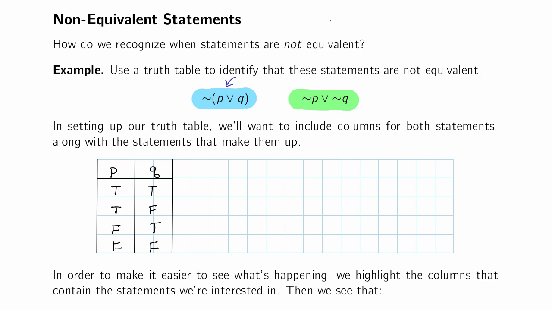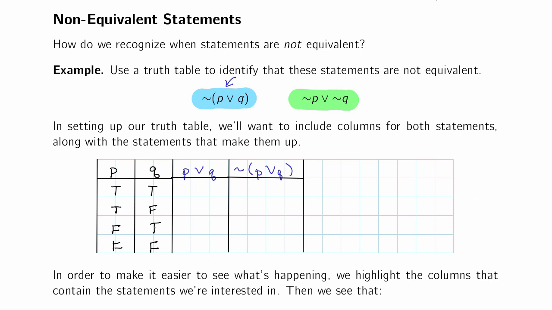Then we work with whatever's in parentheses. Here we have P or Q. And then once we have everything that appears in parentheses, we look for negations of what we've already symbolized, and that's the only other statement there. The negation of the statement, P or Q. So we've now finished setting up the columns for our first compound statement.